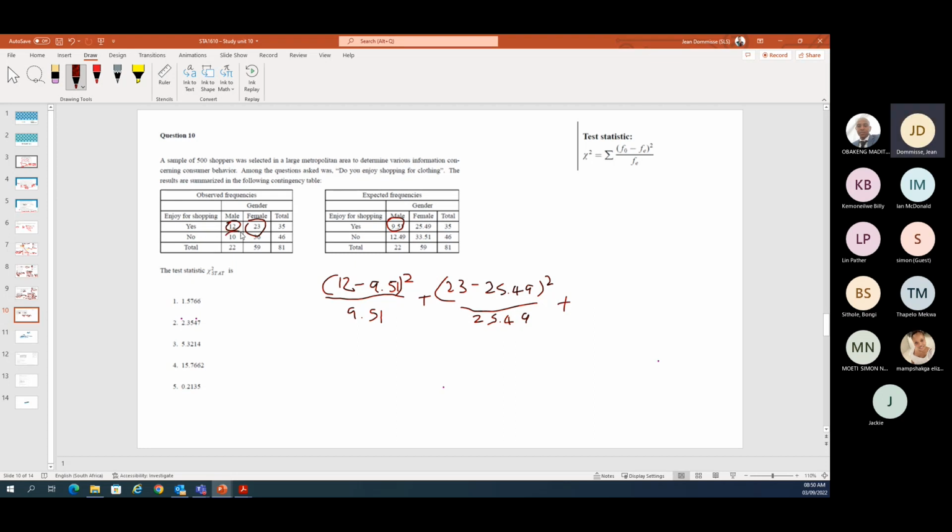Then you need it for the next one, 10. So let's just do that. 10 minus 12.49.